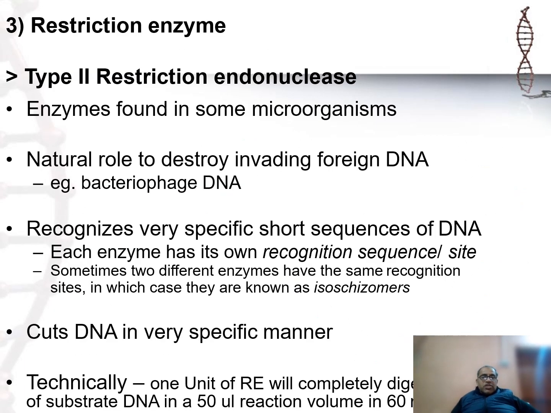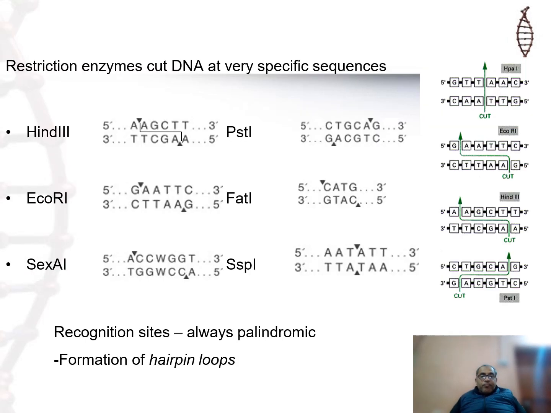Type 2 restriction enzymes, as we discussed, recognize a particular sequence and then cleave on that sequence. They could be blunt end producing or sticky end producing enzymes. Some restriction enzymes recognize a six base pair sequence, while others recognize a four base pair sequence.